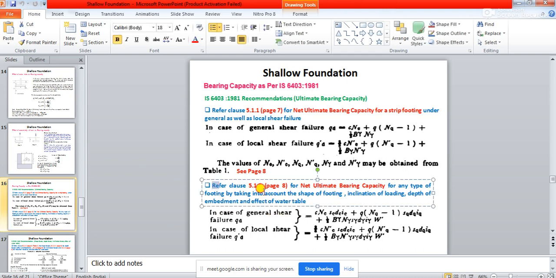All these things we have discussed for Terzaghi's formula. The only things we haven't discussed are the inclination of loading and depth of embedment.